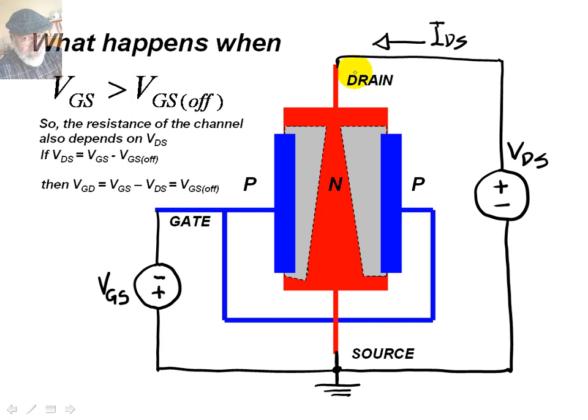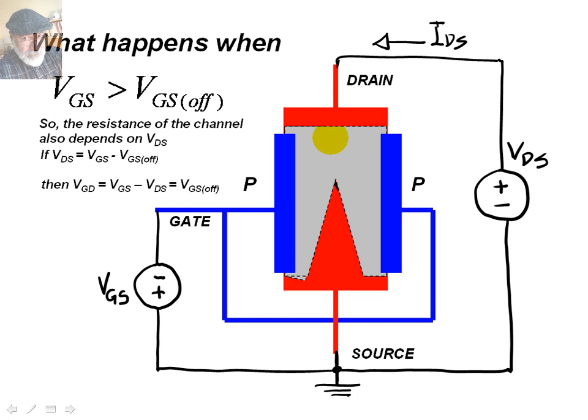But we know that VDS is the overdrive voltage. We substitute there and get that VGD is VGS off. That is the voltage between this P material here and the drain material here is exactly the pinch-off voltage, and in that case there will be no channel near the top.